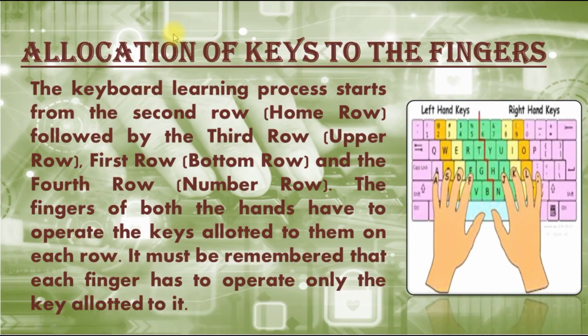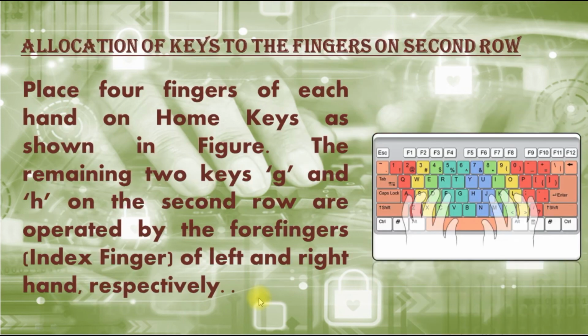Then next is allocation of keys to the fingers. The keyboard learning process starts from the second row. हमेशा आप second row से keyboard learning की शुरुआत करो. उसके बाद third row and then the fourth row ऊपर वाली. ठीक है. The fingers of both the hands have to operate the keys allotted to them on each row. It must be remembered that each finger has to operate only the key allotted to it. ठीक है.